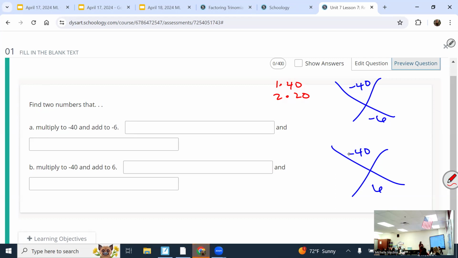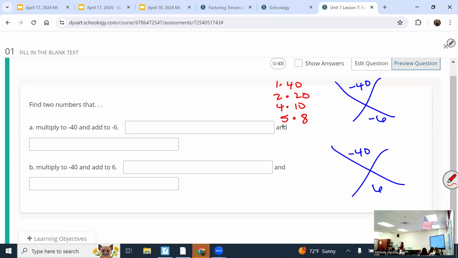Okay, not divisible by 3. 4 times 10, 5 times 8, 6, don't think it's divisible by 6. Again, I always just check, because you never know. 7, not divisible by, and then once we get to 8, it's like the same number. So this is my list.